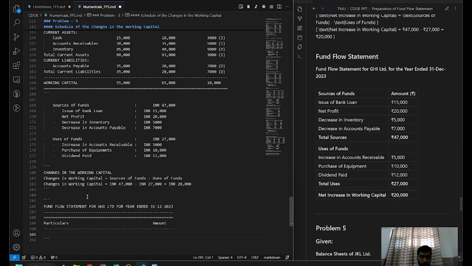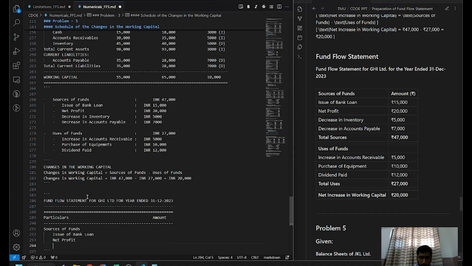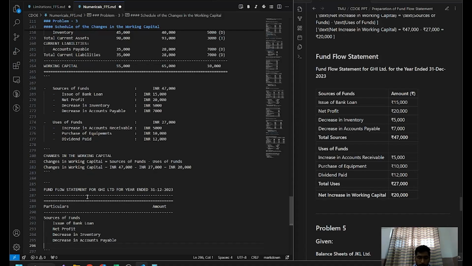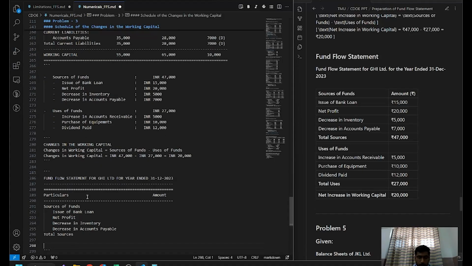Now number one is the sources of funds. Number one is the issue of bank loan. Then the net profit. Then the decrease in inventory. Then the decrease in accounts payable, marking the total sources.